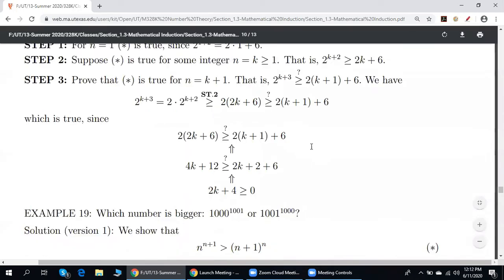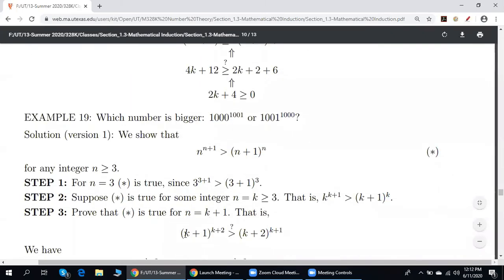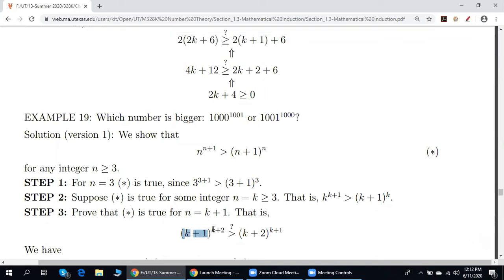So if we try to copy this approach and write, say, k plus 1 to k plus 2 as k plus 1 times k plus 1 to k plus 1, it is not enough. It is not enough to have the same power. We have to have k. But here we have k plus 1.